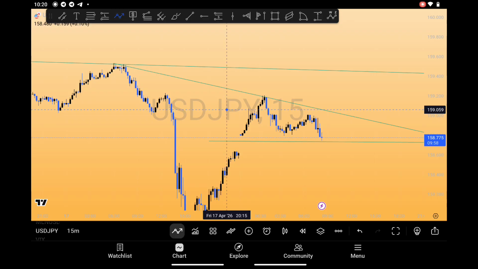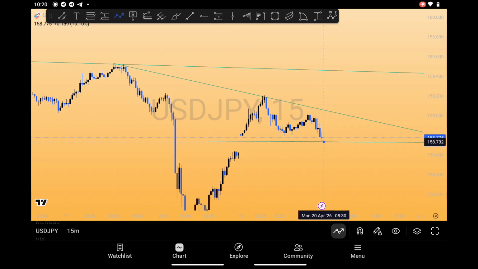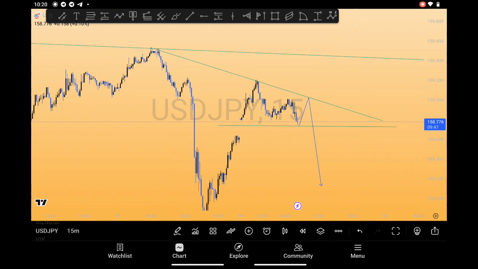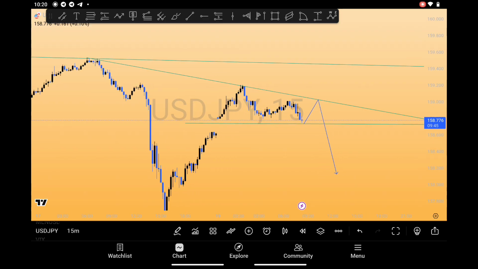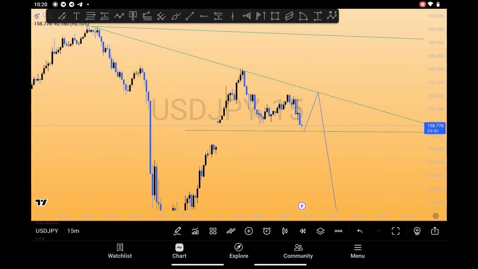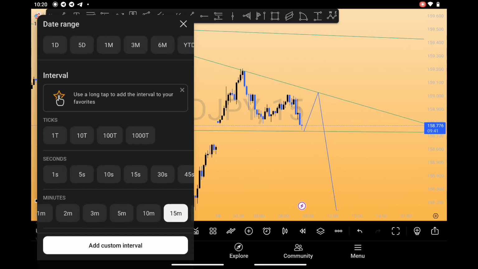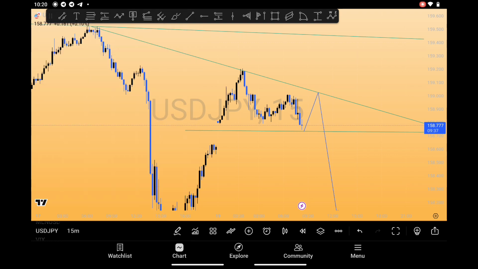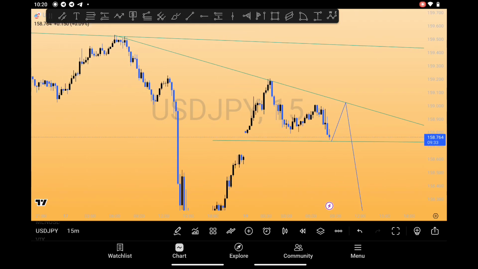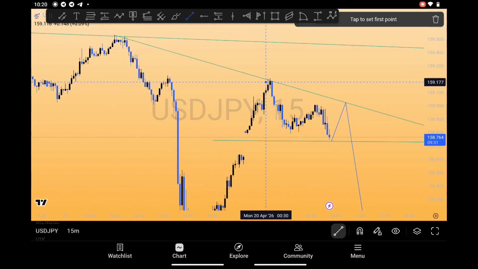So what do I need now? What I want is to see that this move can at least move back to this line. Failure will just cause me to short this market. And why will I short this market confidently? To confirm that this market will continue to the downside, there must be proof of what we call a corrective move. What is that corrective move correcting? We have already got a move to the downside.